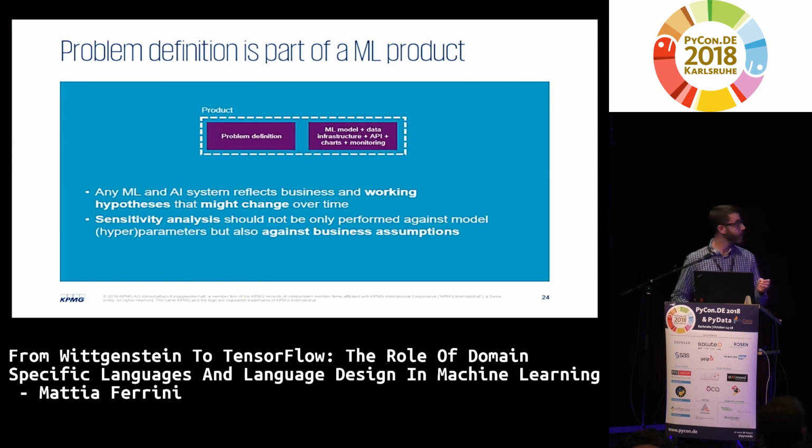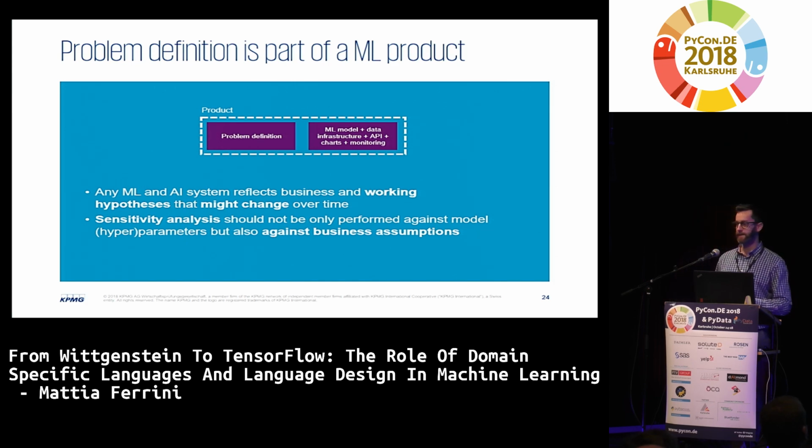because of two reasons. The first one, any machine learning artificial intelligence system reflects business and working hypotheses that might change over time. And we need to give the clients the possibility to amend their view of the world. Their business is changing, and they need to update and upgrade the machine learning models.